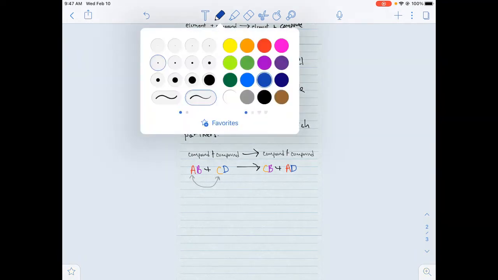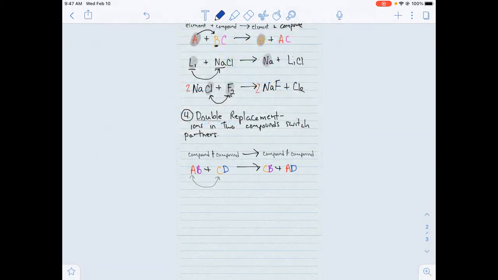And so an example of this could be, we could have, for example, lithium chloride, and we can combine that lithium chloride with sodium, we'll say sulfate.